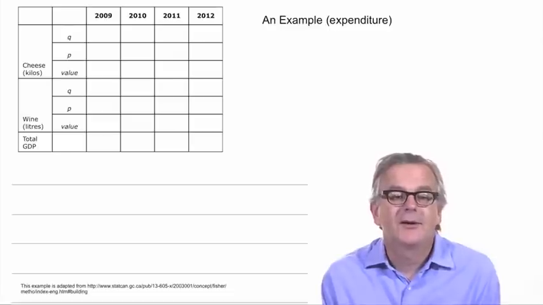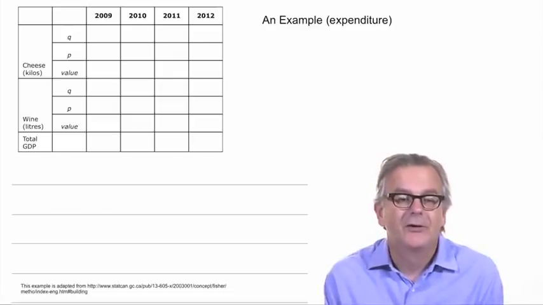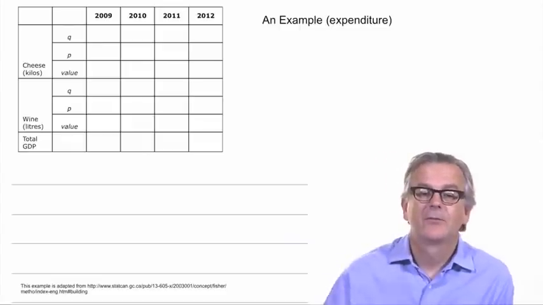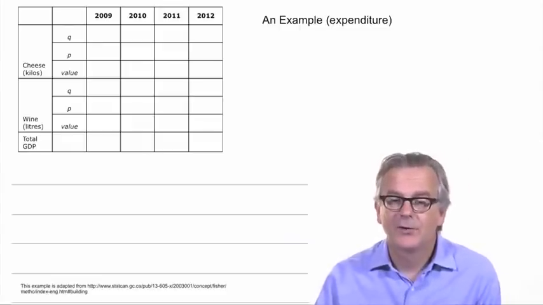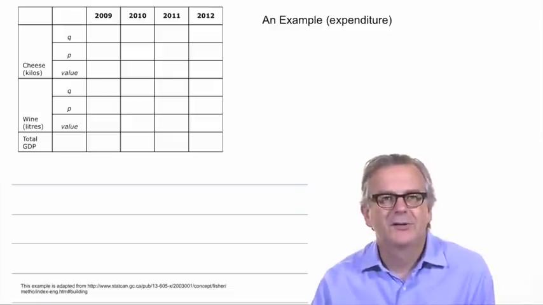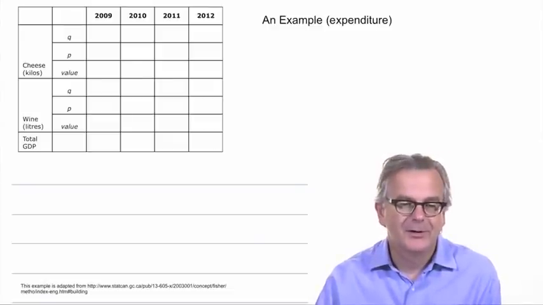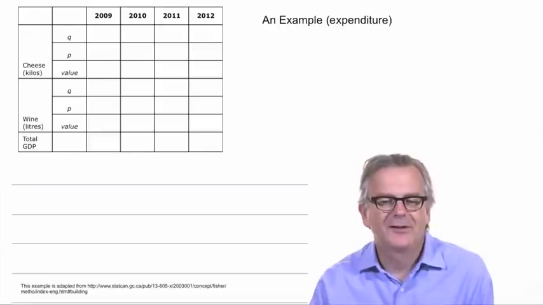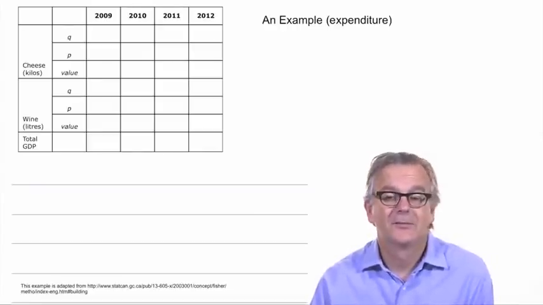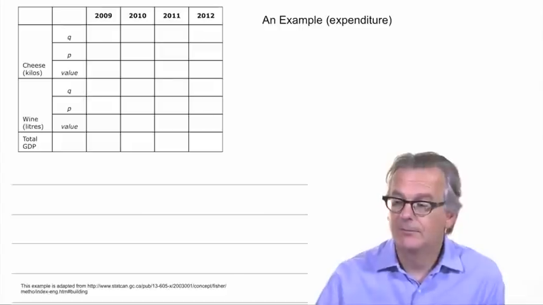And I want to look at the calculation of GDP over four distinct periods, 2009, 2010, 2011 and 2012. And I'm going to focus on the expenditure interpretation of GDP, but obviously it doesn't really matter that much. When I say expenditure, I could just as equally have said production or income.